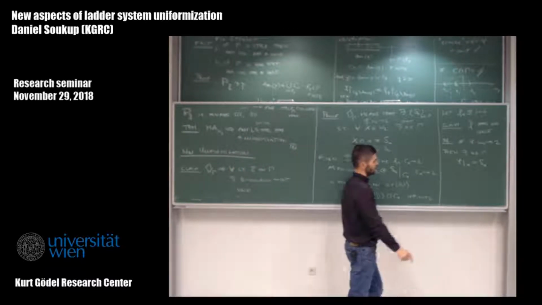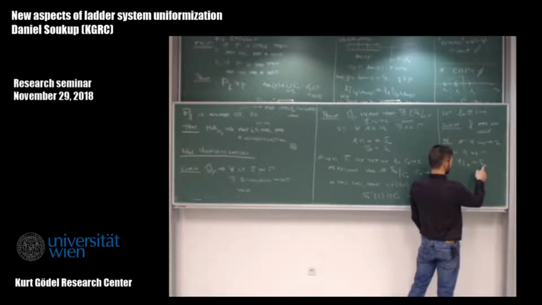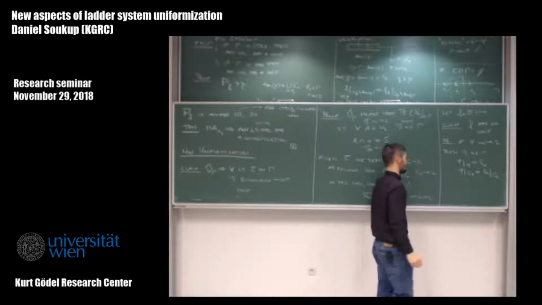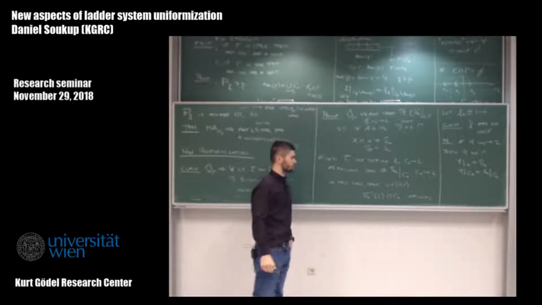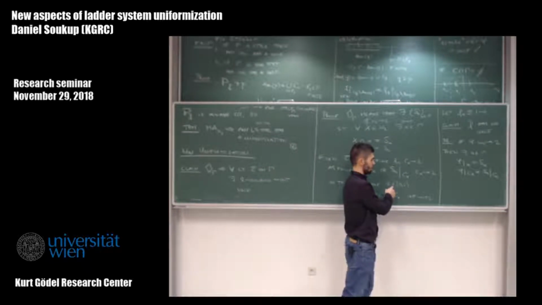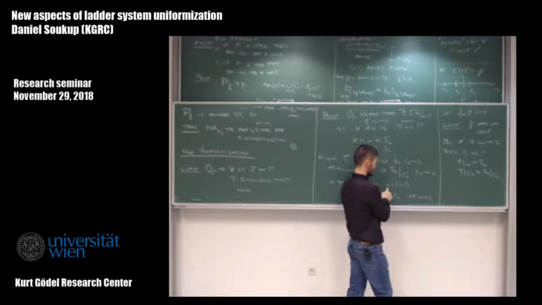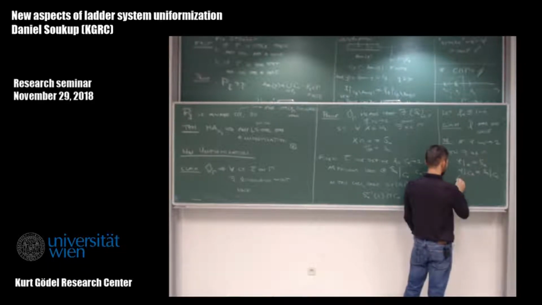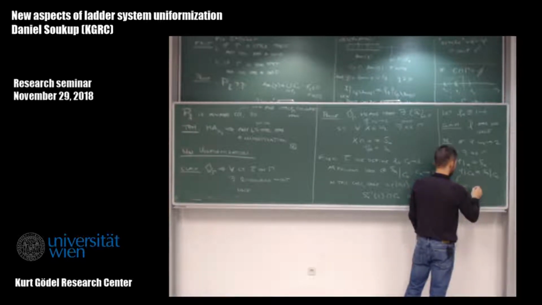So phi restricted to C alpha is the same as S alpha restricted to C alpha. And in this case, phi assumes this I value that we talked about before infinitely often.